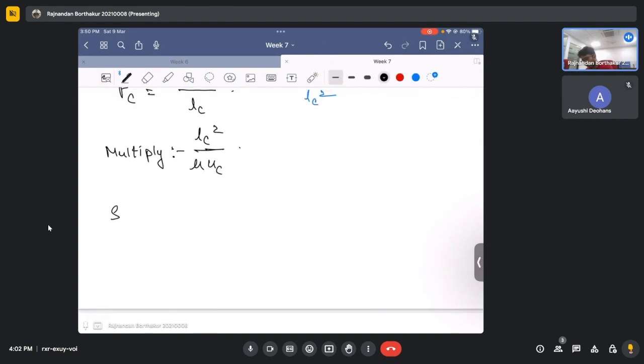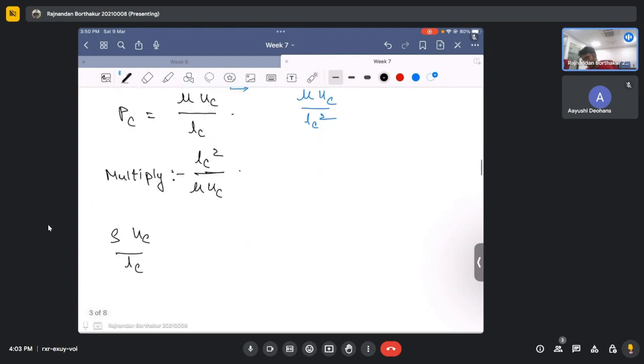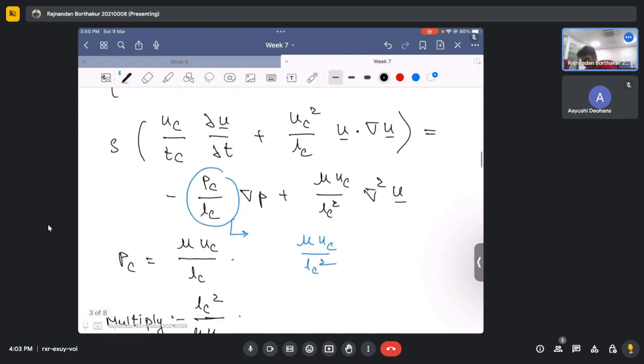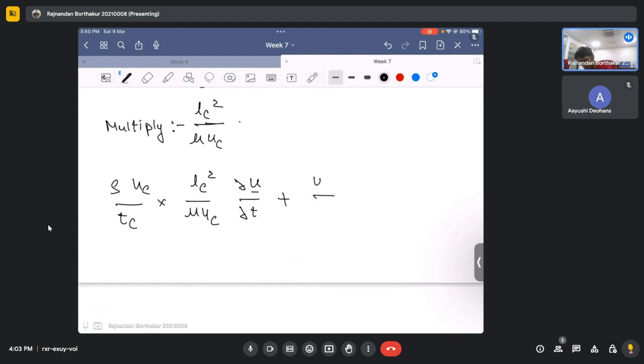I get rho times UC by TC, sorry, this is not LC, this is TC actually, into LC squared by mu UC, into this term del U bar by del T, plus the next term is UC squared by LC into LC squared by mu times UC.